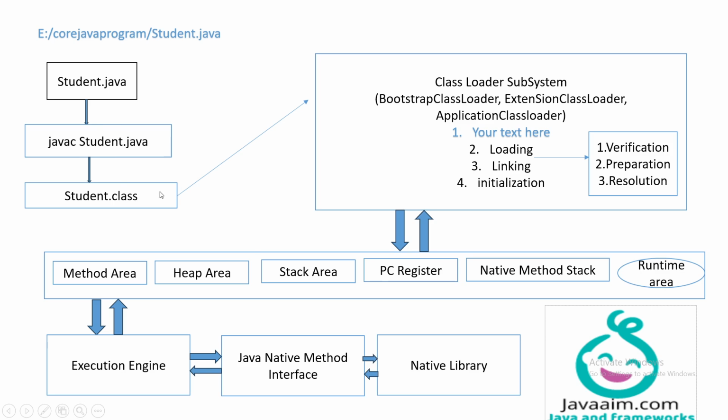Up to this point the compiler's role is finished. Then the role of the Java runtime environment, the JVM, will start. How will it start? We have the student.class file. Now tell me, how will I execute this particular .class file? I have to type java space student.